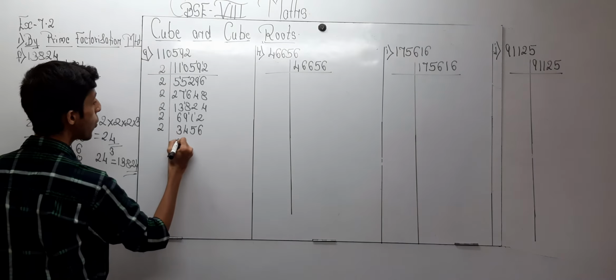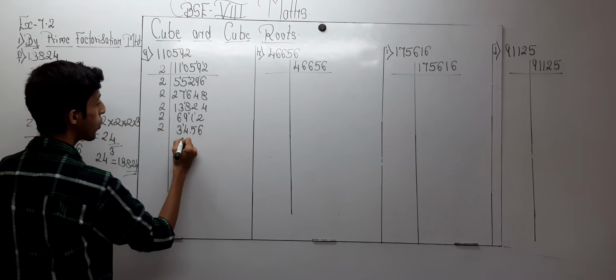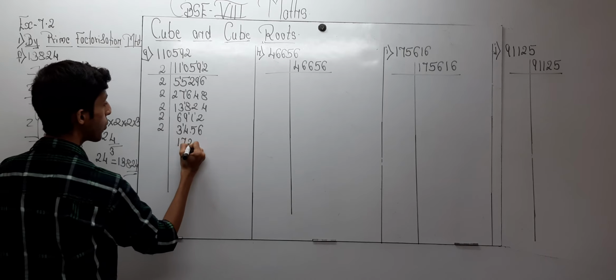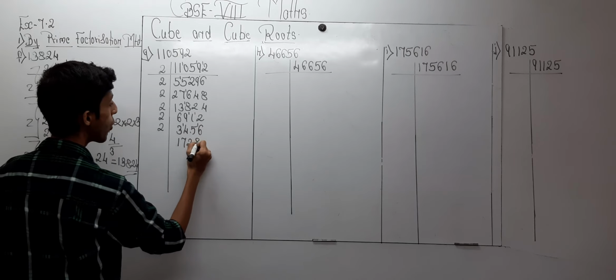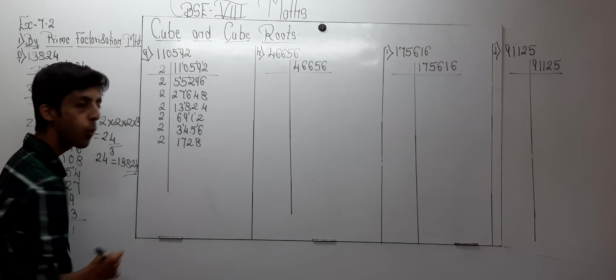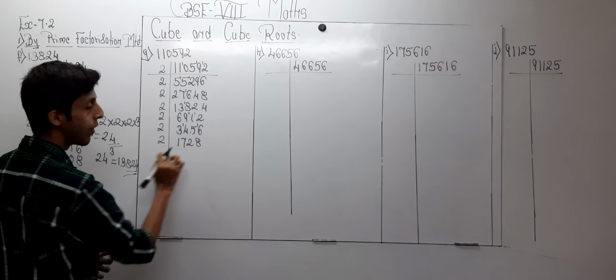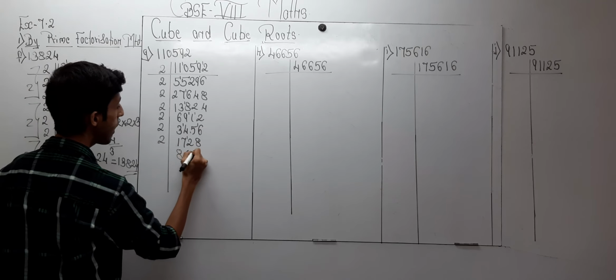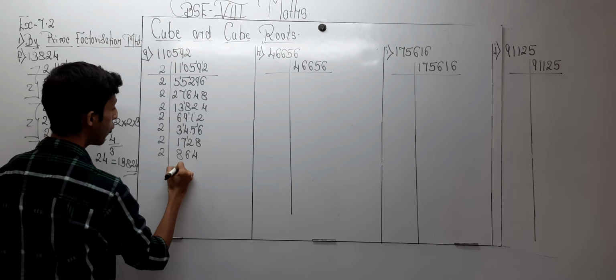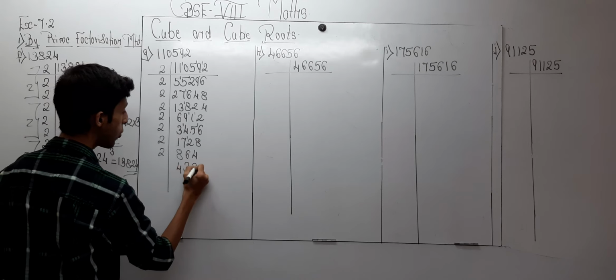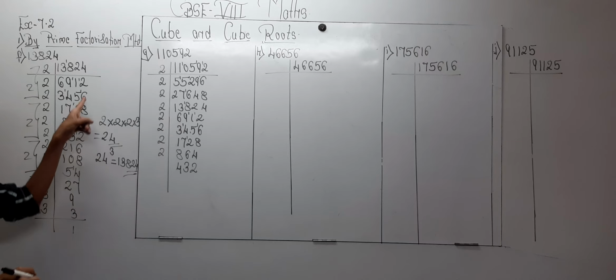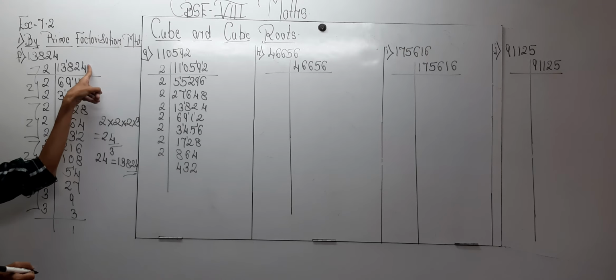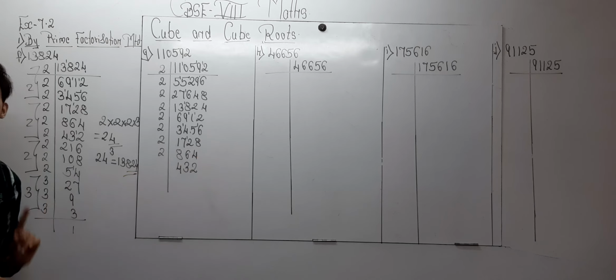Again 2 1s are 2, 2 7s are 14. Now 17, so 2 8s are 16, 1 is remaining. See, from 138 to 4 the answer is repeating.